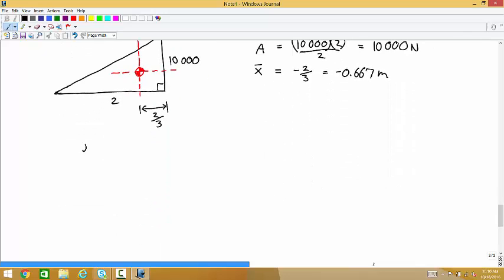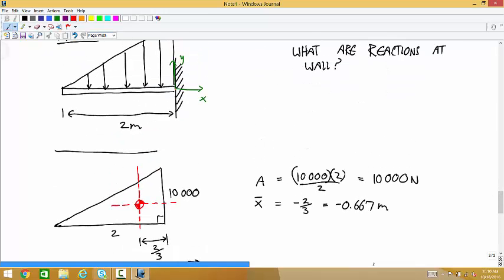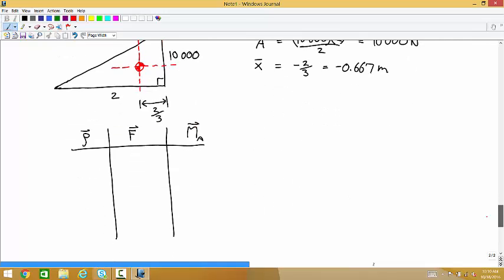Okay, so now let's set up the table. So rho, force, moment. And our about point is where we put the origin. Oh, I skipped one thing. We need a free body diagram.